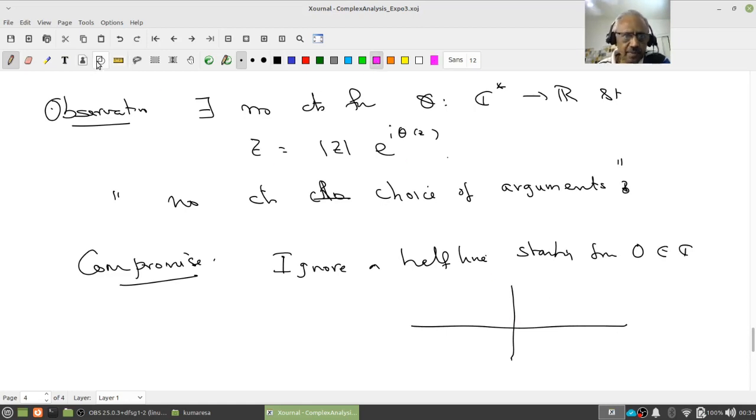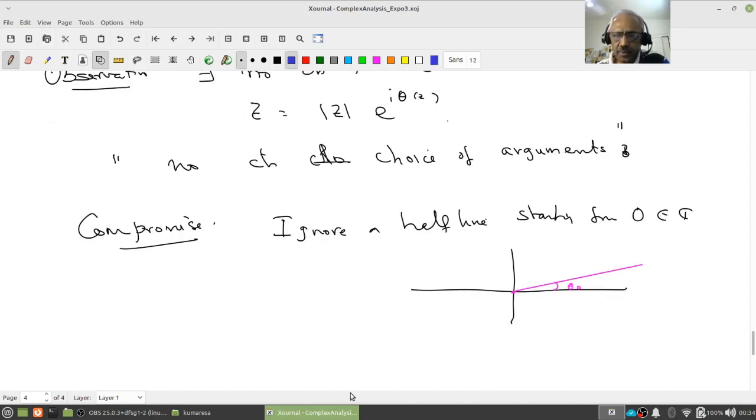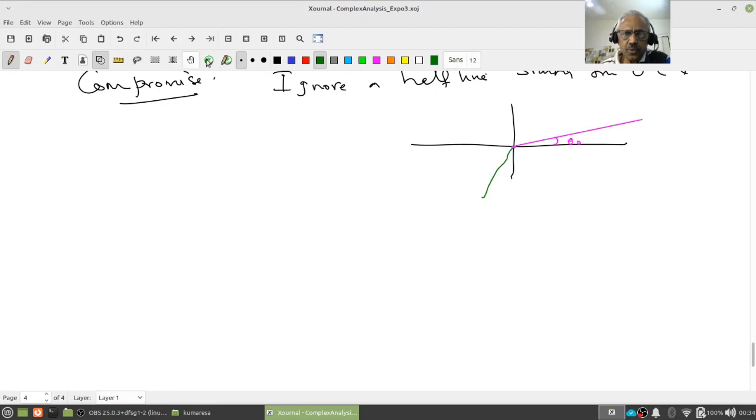I may not be able to draw the line, but let us just see. Suppose this is the angle theta naught. So what I plan to do is remove this one. It could be any line, maybe it is this one. So you remove one of them.